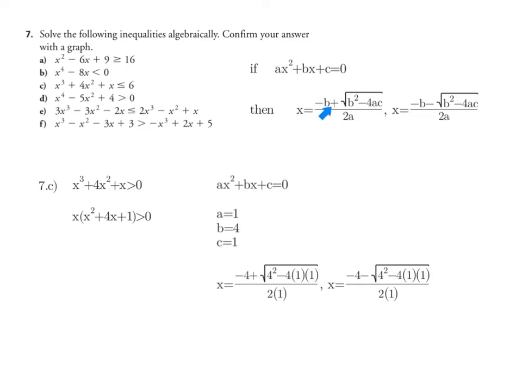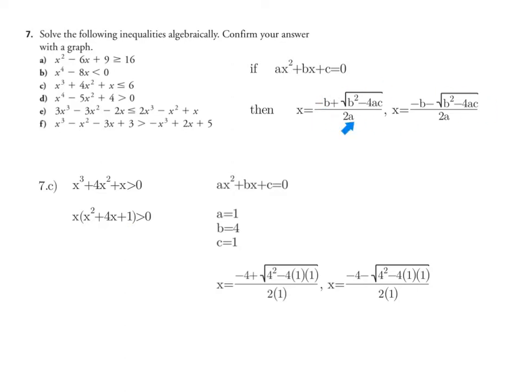So the plus will give you an answer, and the minus will give you a second answer. For both of them, it's negative b plus or minus the square root of b squared minus 4ac, all over 2a. So you're going to get two different answers. Well, we know that. When you factor this, you're going to get two factors. They're each going to have their own answer. All right? So let's do this.